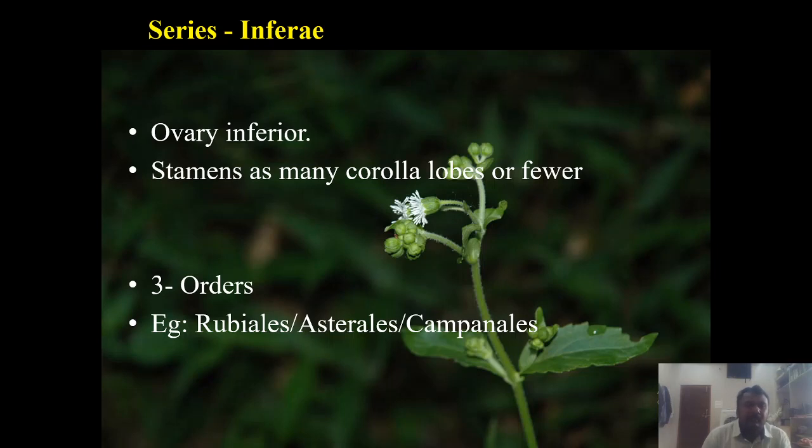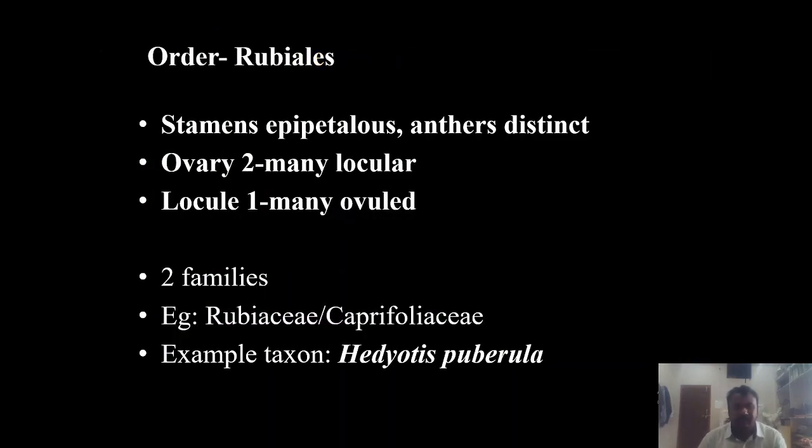Series Inferae, ovary inferior. Stamens as many as corolla lobes or fewer. There are 3 orders present in this one: Rubiales, Asterales, and Campanulales. Under Rubiales, stamens epipetalous, anthers distinct. Ovary 2 to many locular, locule 1 to many ovules. 2 families are present in this Rubiales.